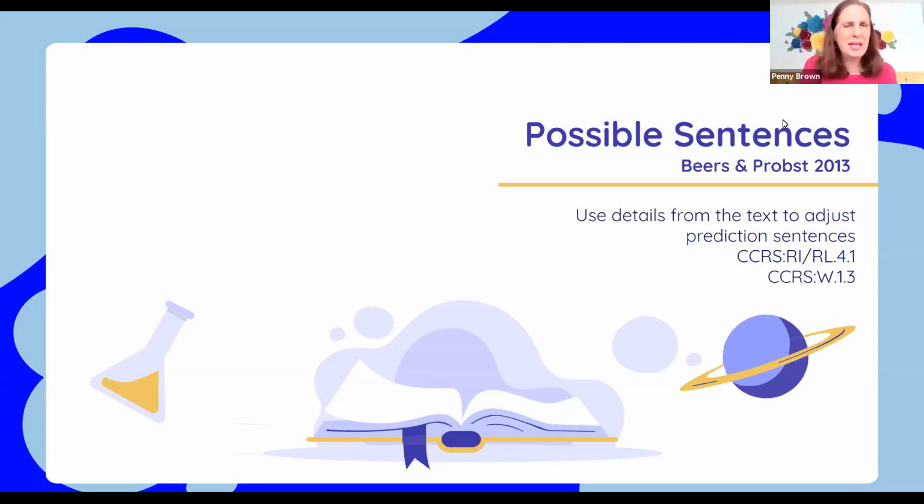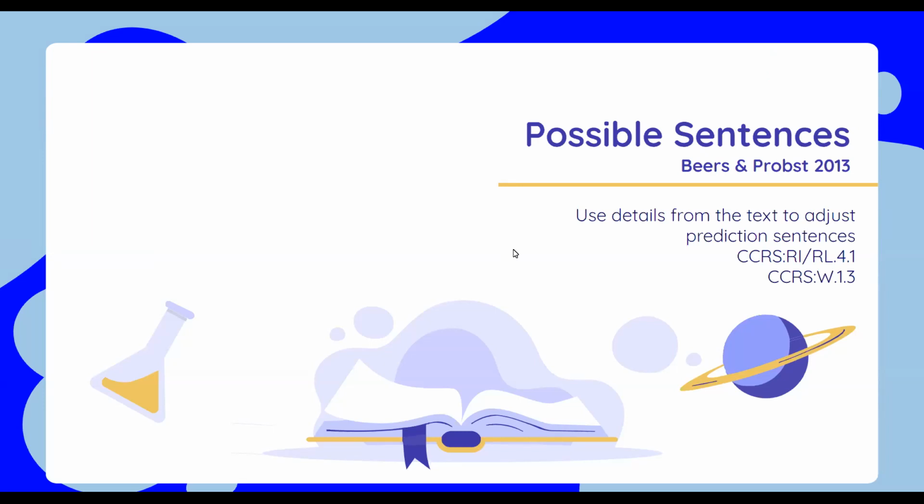So they're creating a prediction on what they're going to read. After they read the text, they return to those sentences, and then they look for details in the text to adjust those predictions. Okay, so we're going to try that first activity today.